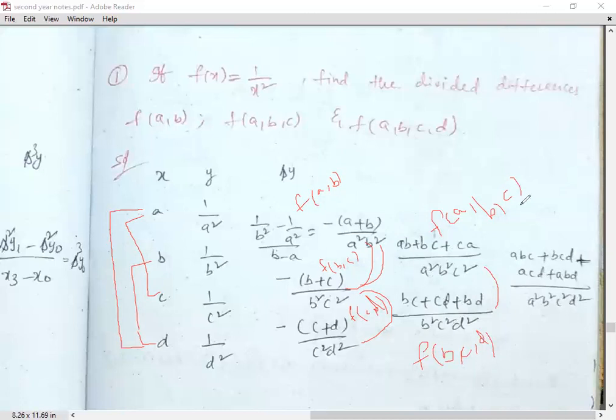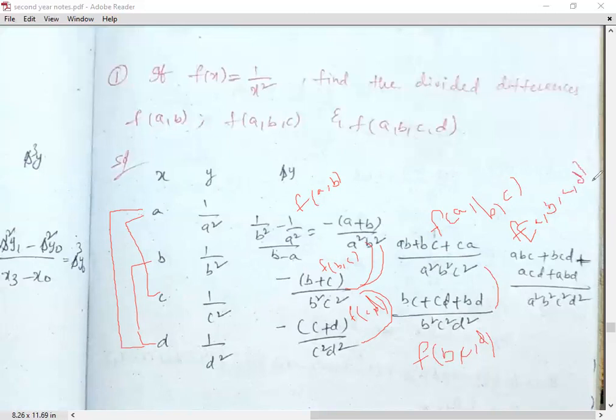And this difference can be denoted. Here we have considered the interval from a to d. So we should represent this difference by f of a comma b comma c comma d.